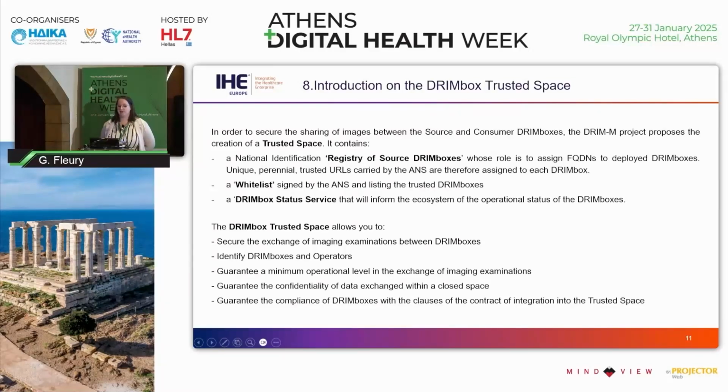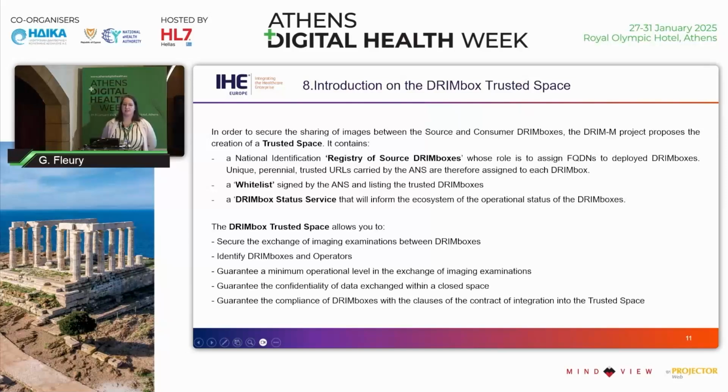So we have to have a trusted space for those DRIM-Box. And this trusted space contains a registry of DRIM-Box and a whitelist. The agency provides the URLs that will be specific to each DRIM-Box and then list them in this whitelist.